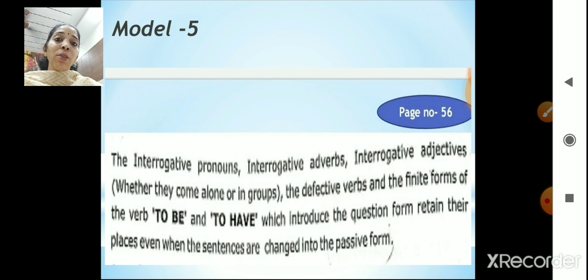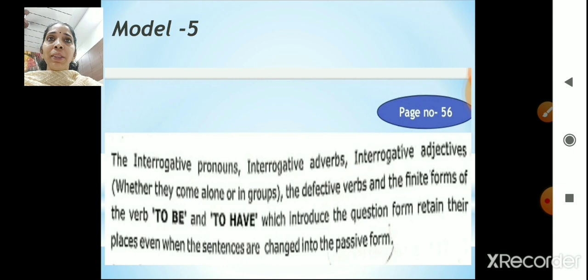It is an adverb that asks a question about place, time, manner, or reason. What were the examples? Examples were why, where, and how. Where, when, how. All these are examples of interrogative adverbs.